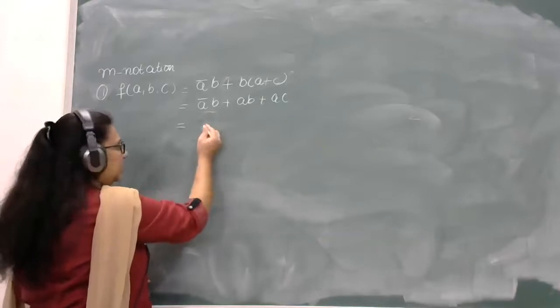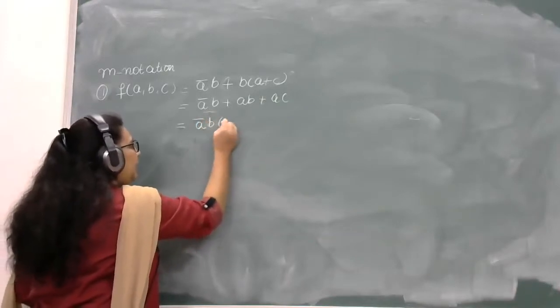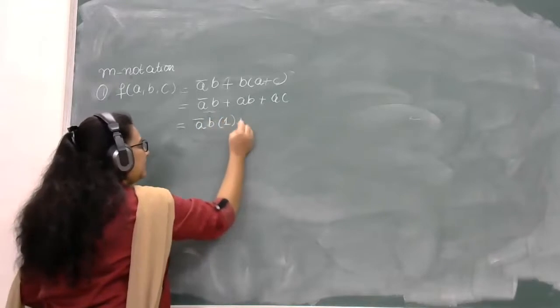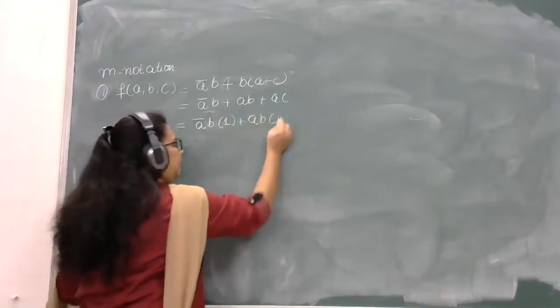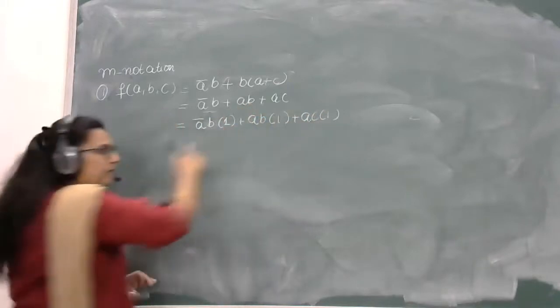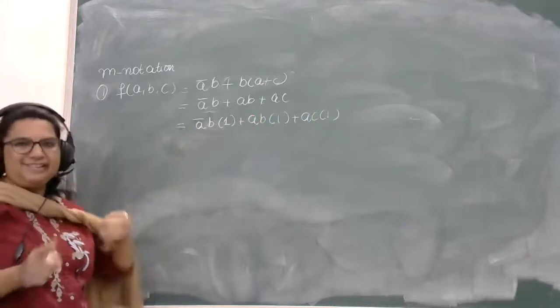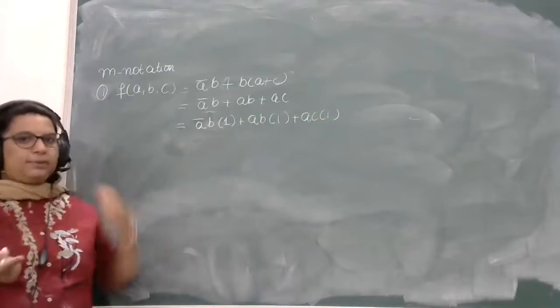C is missing, correct? So can I write it like this: AB into 1 plus AB into 1 plus AC into 1. My expression will not change, because I'm just multiplying by 1, the identity element.